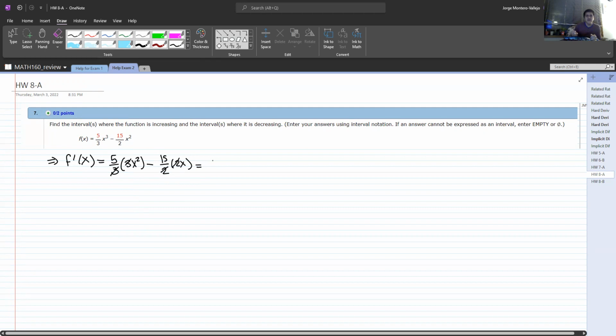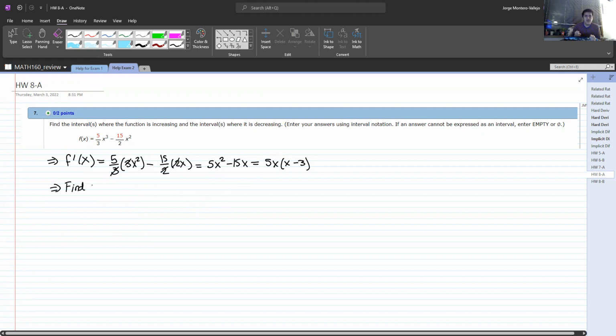And then you're left with 5x squared minus 15x, which you can rewrite. You see that both terms have coefficients that are multiples of 5, so you can pull out a 5. You can also pull out an x because you have 2 x's here and 1 x here. And so then you're left with 5x(x minus 3), right? So that's your derivative.